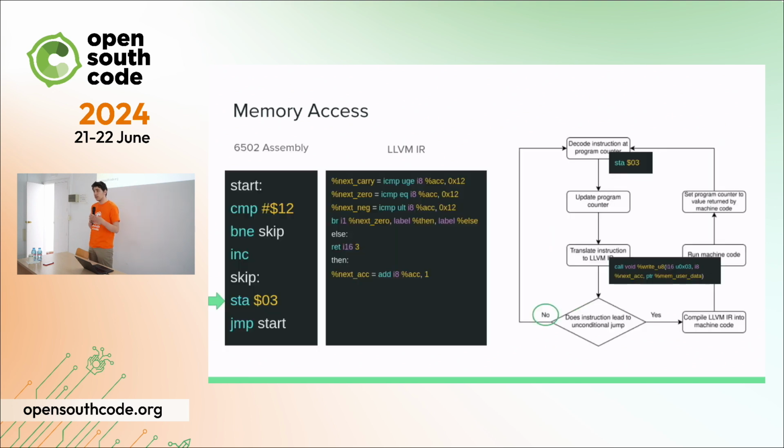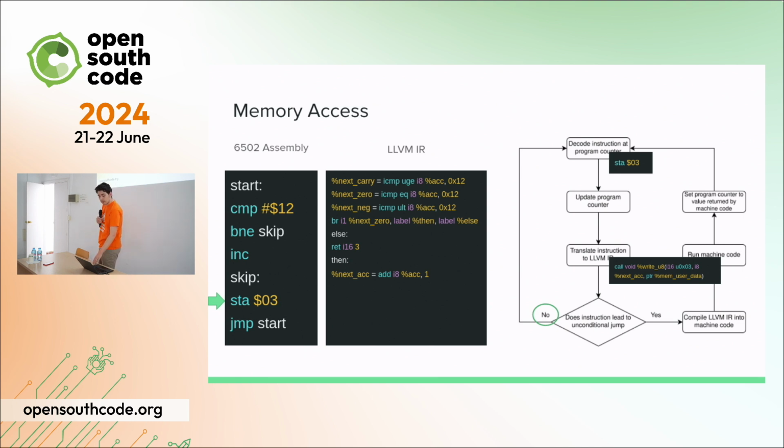So if we come back to our example, the store instruction is now translated as a call to that write U8 function that we saw before. And to that write U8 function, we pass the address that we want to write to, the value that we want to write, and then some extra information that is basically the internal state of the interface that we're actually calling.